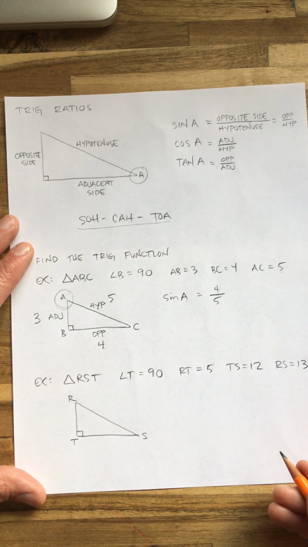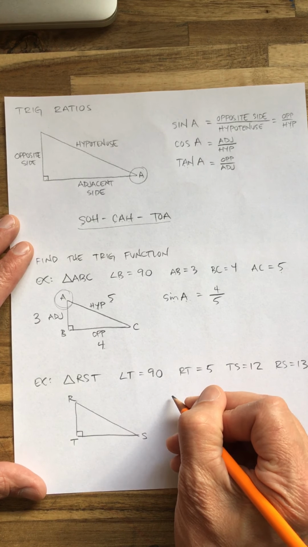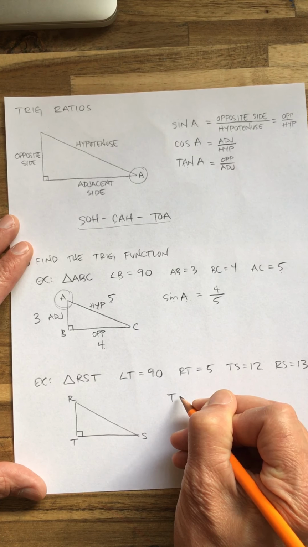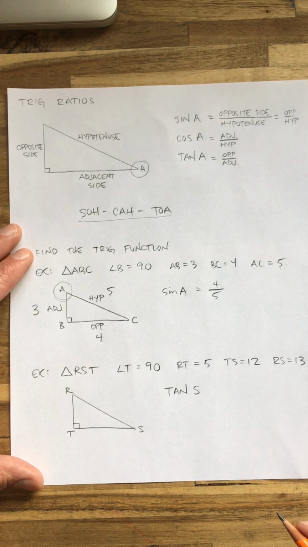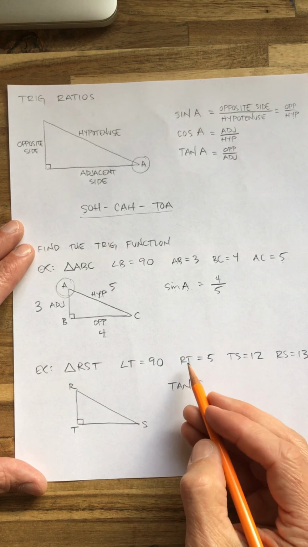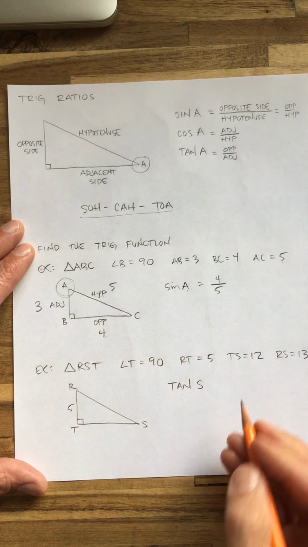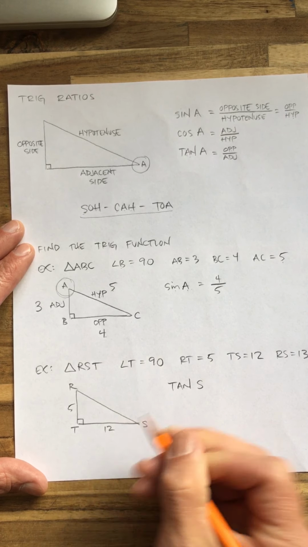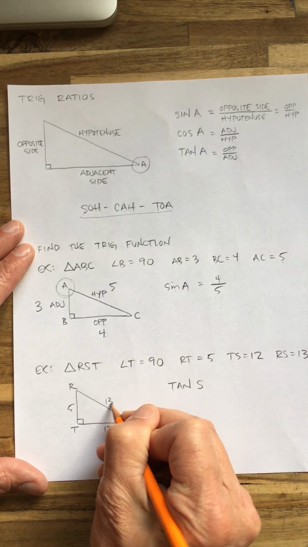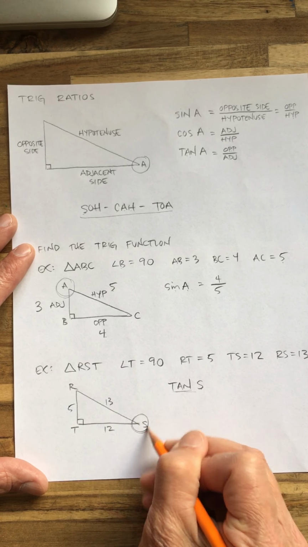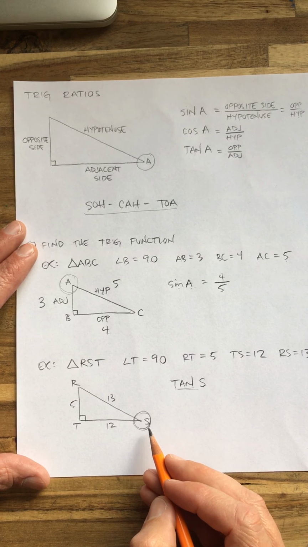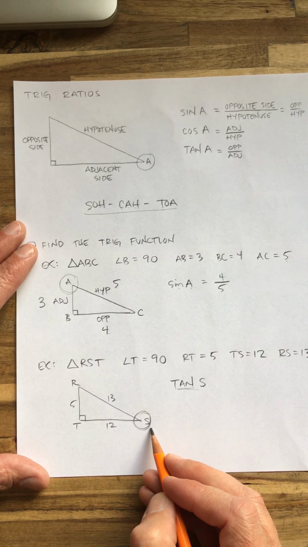And I want you to find the tangent of angle S. So notice RT is 5, so this is 5, TS is 12, and RS is 13. And I want you to find the tangent of angle S. So here's my angle S. Basically what you have to do is identify first the hypotenuse.